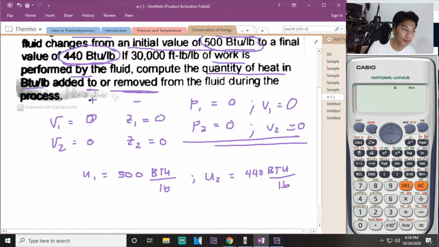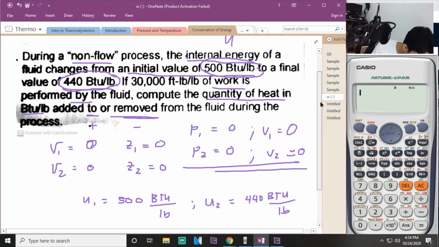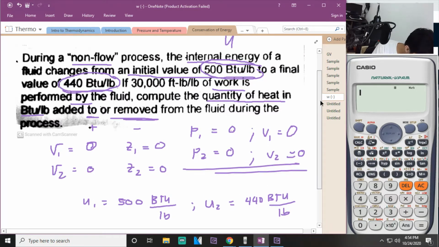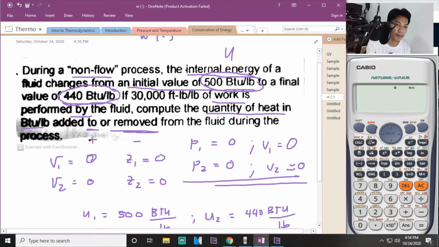Ano pa binigay niya? Nagbigay siya ng amount of work that is performed by the fluid. So that is work performed by the fluid. I think this is positive. Performed by the fluid, hindi pala system.